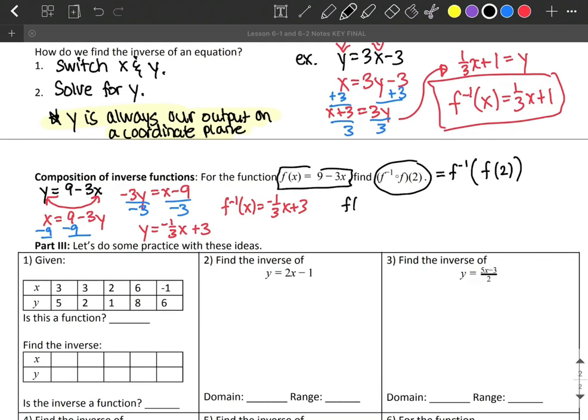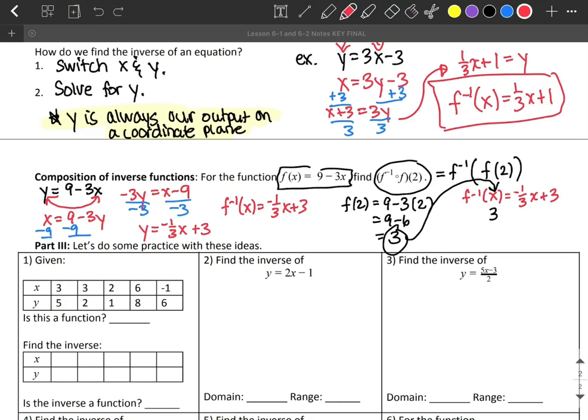I know f of 2 is 9 minus 3 times 2, which gives me 9 minus 6, which is 3. And I'm going to plug that into the inverse of f of x, which I know is negative 1/3 x plus 3. So I'm taking this 3, I'm plugging it in.